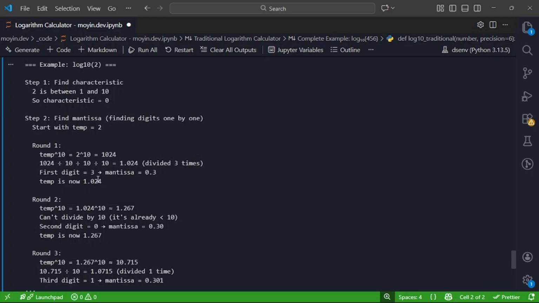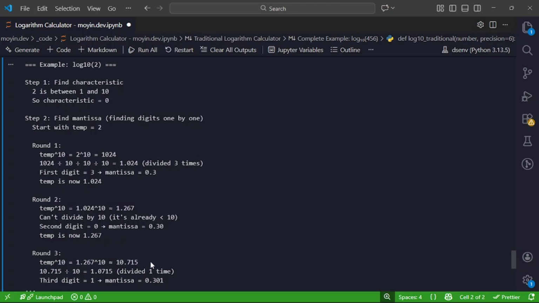Now the temp is 1.024. You take that, raise it to the power of 10, you get 1.267. However, you can't divide by 10 because it's already less than 10. So the second digit in our Mantissa is 0, giving 0.30. Now you've raised 1.267, which is the temp, to the power of 10. What do we get? 10.715. Divisible by 10?